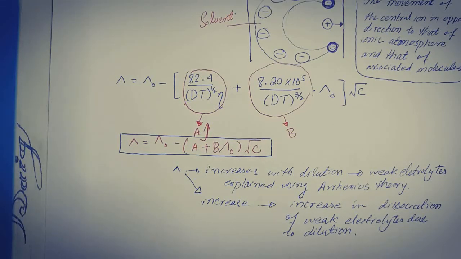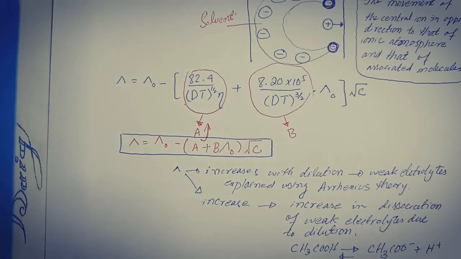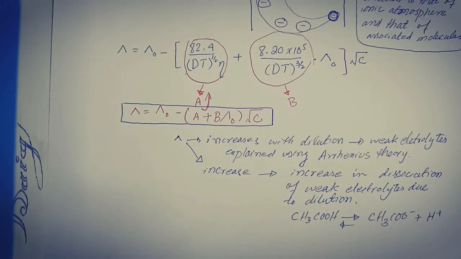For example, at lower concentration, the number of acetate and hydrogen ions generated from the acetic acid in aqueous solution is greater.